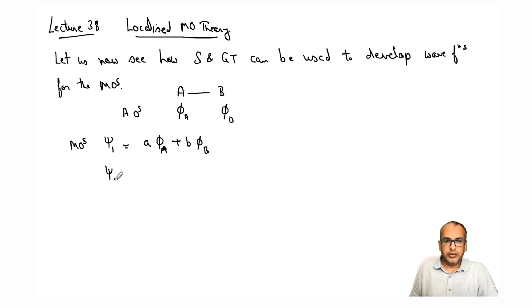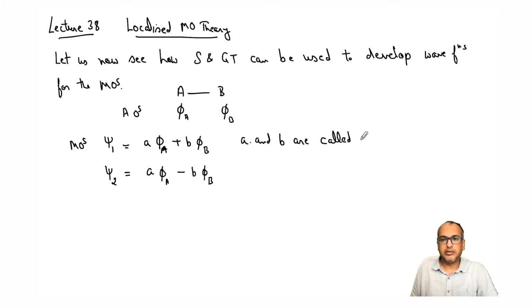So then psi 2 will be a times phi a minus b times phi b. Okay, so where a and b are called mixing constants.